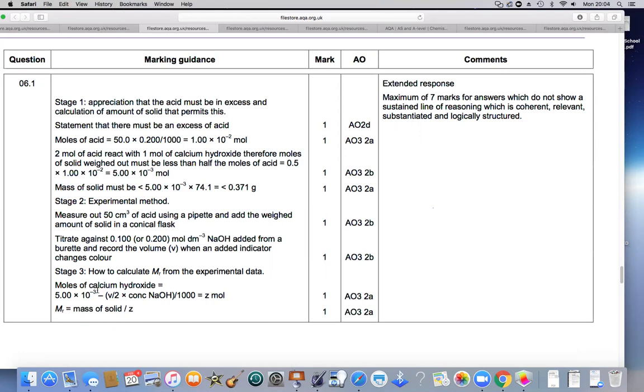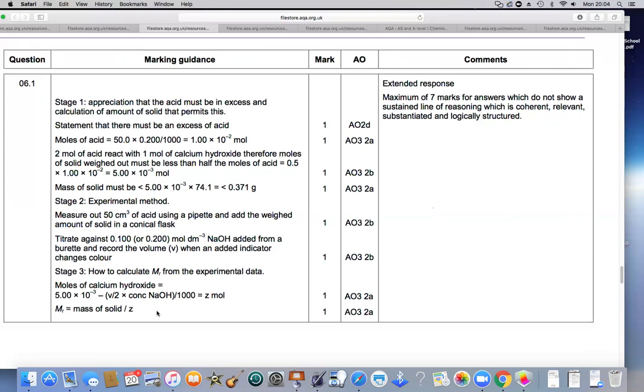While your moles of calcium hydroxide is going to be derived from the titer. The titer will give you the amount of hydrochloric acid that's actually reacted. So eventually you will get through to your actual value of your Mr.